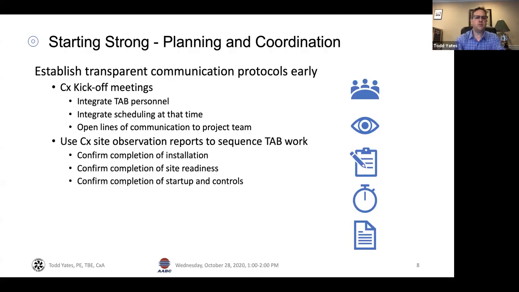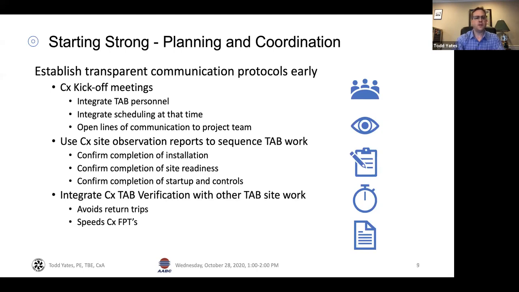We want to use the commissioning provider's site observation report to sequence our test and balance work. We can use that to do things like confirm the completion of installation, of site readiness, and confirm the startup of controls. Integrate the commissioning and TAB verification with the other TAB site work.